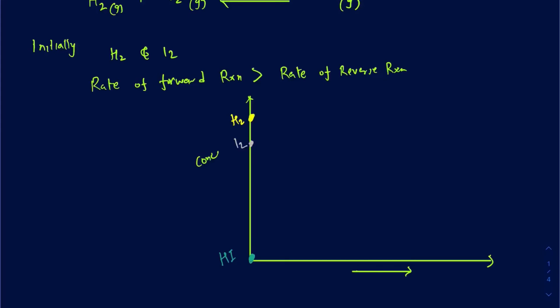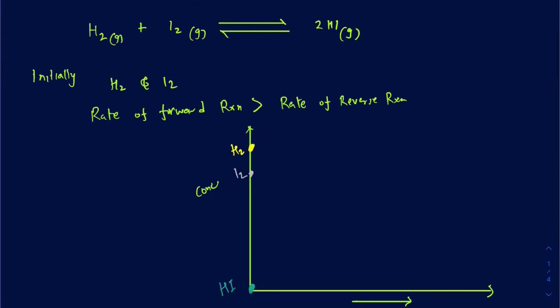Then what's going to happen over time is your H2 concentration is going to decrease and your I2 concentration is going to decrease, because they're going to start making the HI. So I would see something like this. That's for the H2, and you can see something very similar for the I2 because they are in 1-to-1 mole ratios.